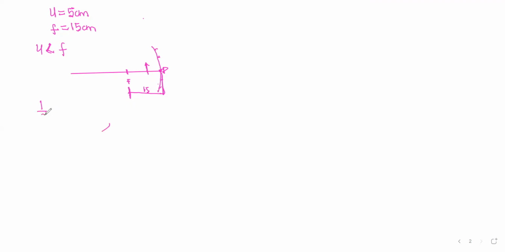Then when you calculate, 1 on F is equal to 1 on U plus 1 on V, and we are using NC. So NC, it means that F will be negative and U would also be negative.